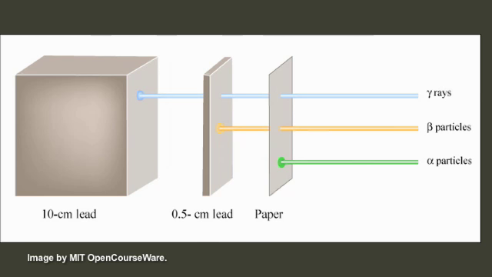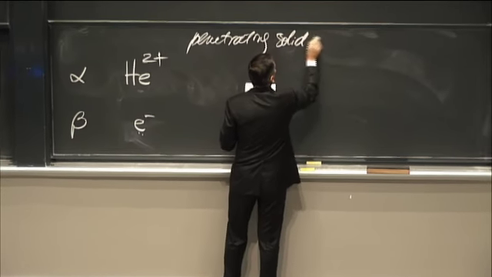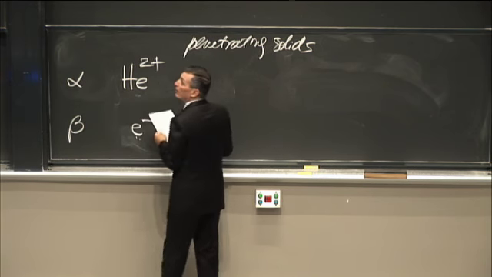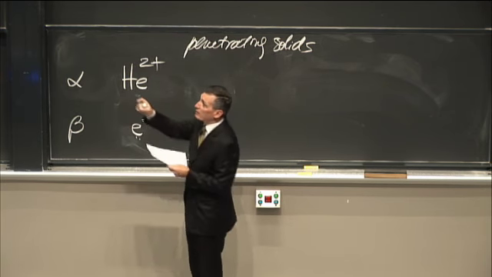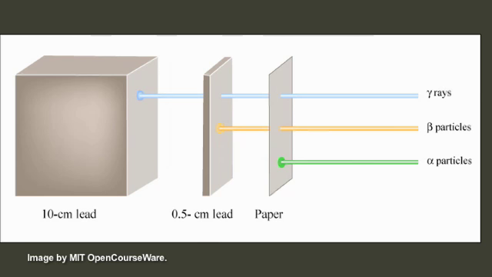When it comes to their ability to penetrate solids, they differentiate themselves. The alpha particle is quite poor at penetrating solids. You see in the cartoon there, the alpha particle is stopped even by that little sheet of paper, whereas the beta particle, the electron, can go zooming right through the paper and is stopped by the lead.